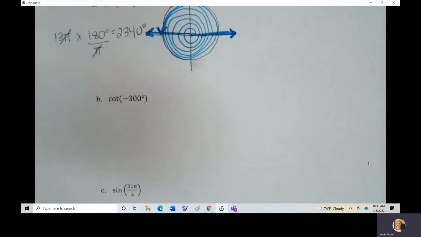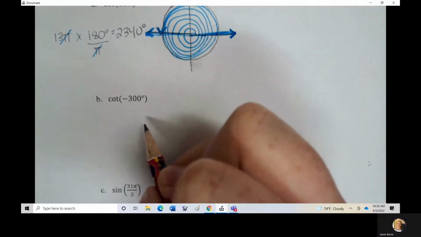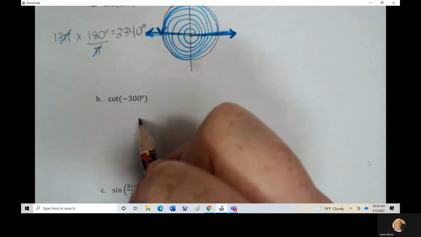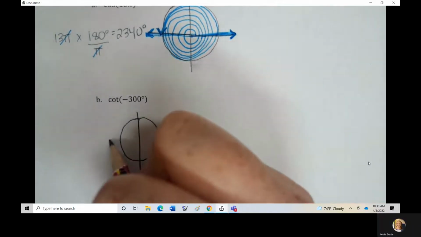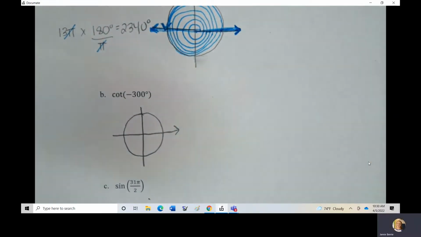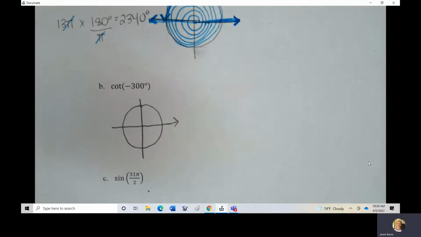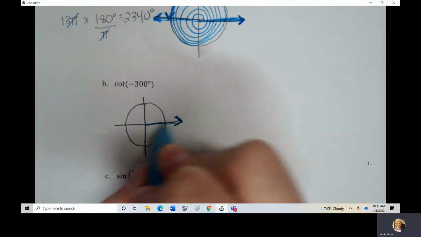Cotangent of -300 degrees. This one's not too bad. All right, -300. Initial side is here.